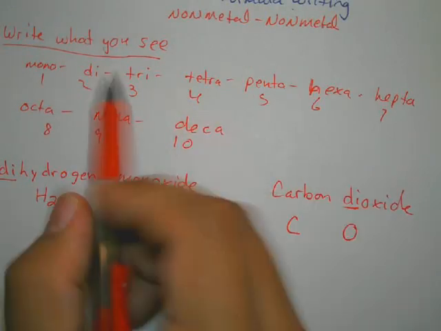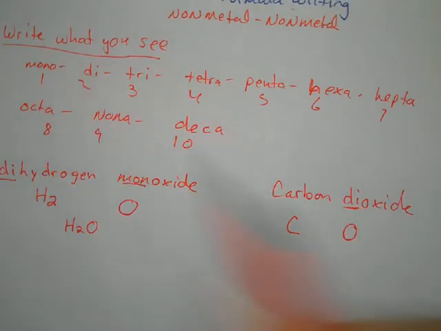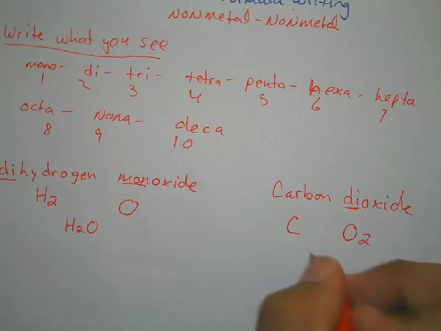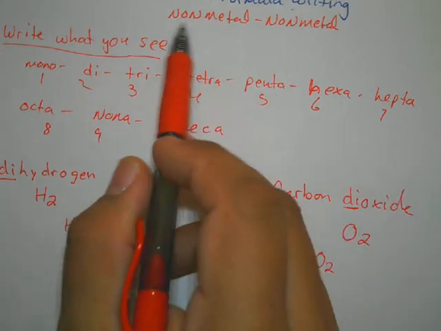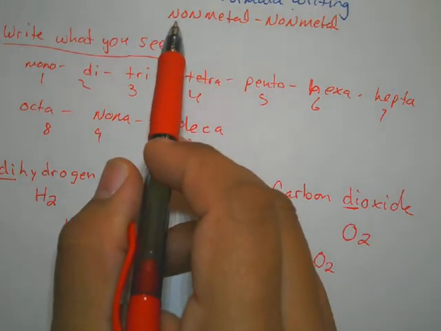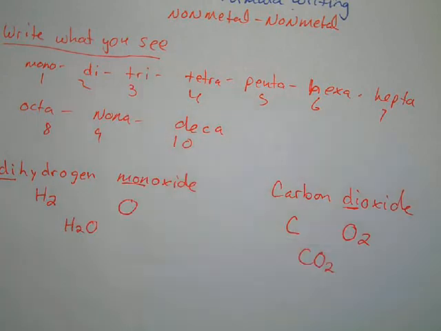Di means 2. So I have 2 oxygens. When I squeeze these guys together, you get CO2. So you literally just write what you see. It's not hard at all. The hardest thing is determining whether you have an ionic or covalent compound. But all you got to do is check the first guy. Oh, nonmetal, covalent. I'm just going to write what I see.